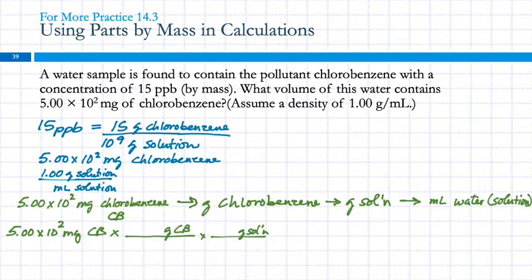And then I'm going to milliliters of solution. For the denominator, I'm just going to take this first unit and put it in the denominator so they cancel out. And the grams go down here. And the other grams go down here.